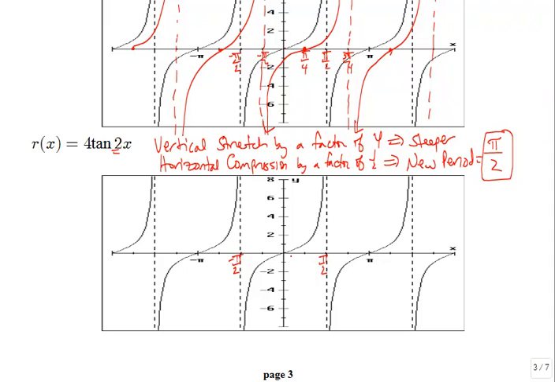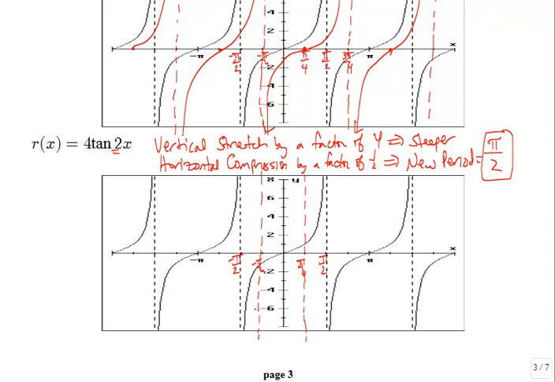So here's what we would have to do. If my full period is pi over 2, then I need to go half that distance to the right to get to my first asymptote, and half that distance to the left to get my second asymptote. So what's half of pi over 2? Pi over 4. So that means I'm going to have new asymptotes at pi over 4 and minus pi over 4.